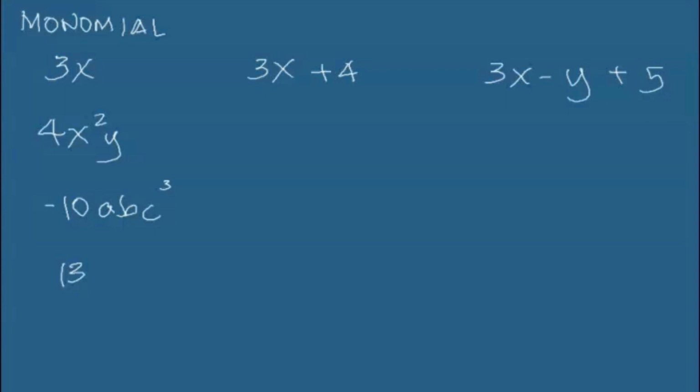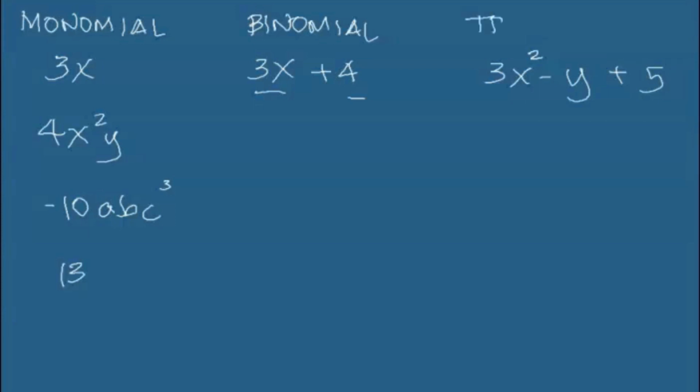Now, the second example, 3x plus 4, is what we called a binomial because it has two terms, 3x and 4. Okay, so 4 is a constant. Now, this one, 3x minus y plus 5, or let's have 3x squared minus y plus 5.